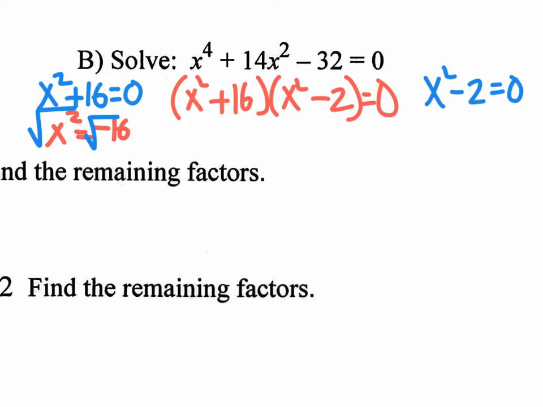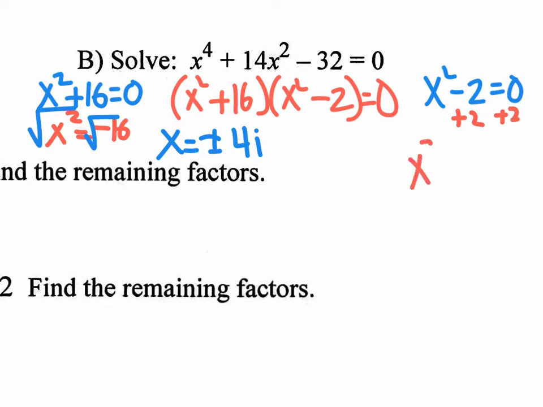So I will get x equals, because of the negative sign, I'm going to end up with an i. And could I do the square root of 16? Yes, I can. So what's my final answer? Plus or minus, don't forget plus or minus, 4i.